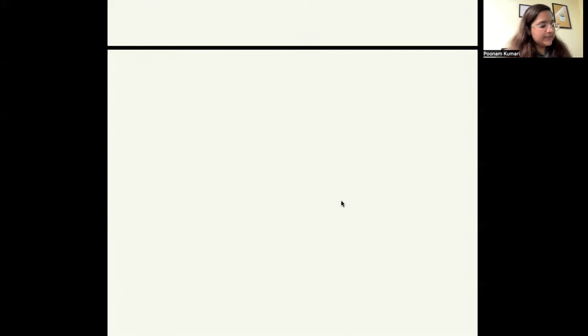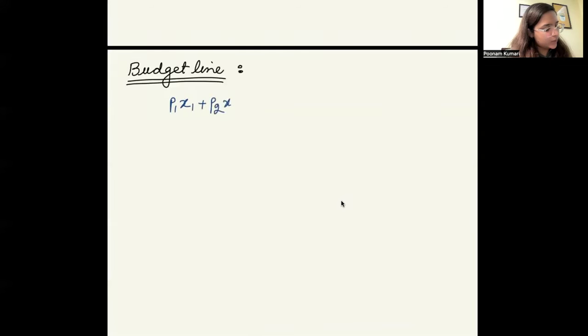Achha, when you look closely at the budget line, we realize the following: suppose my budget line is usually like this: P1 x1 plus P2 x2 is equal to M, right?